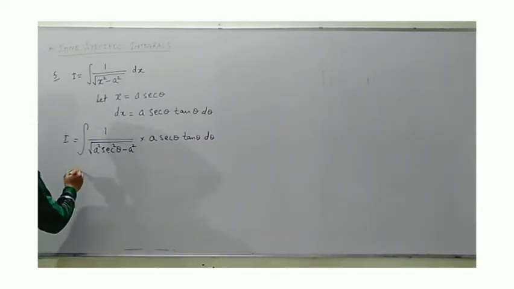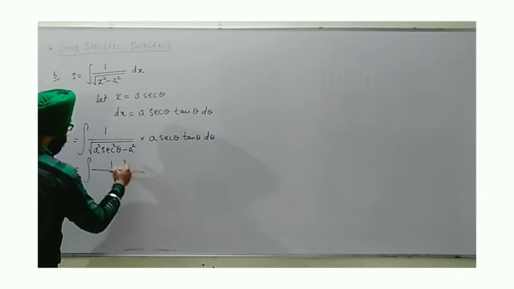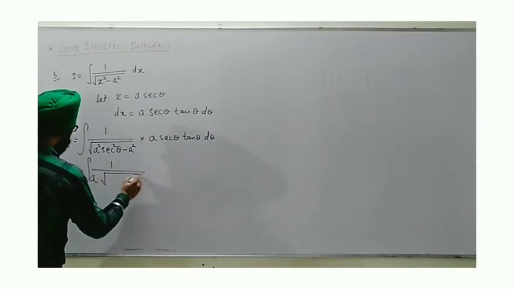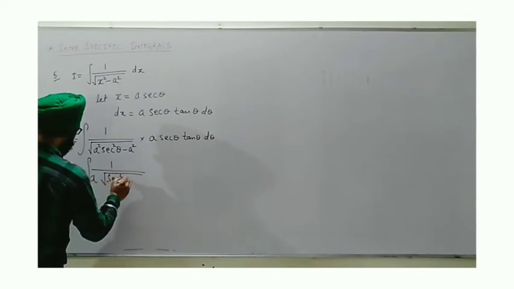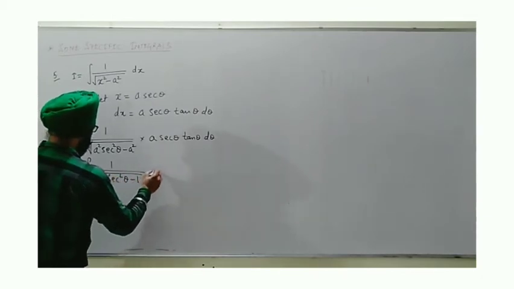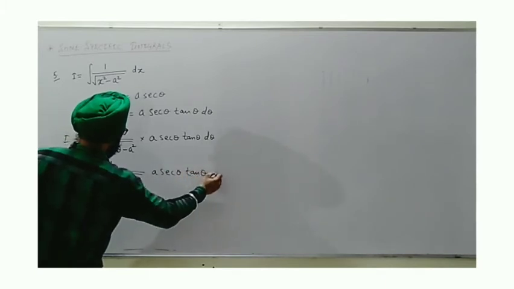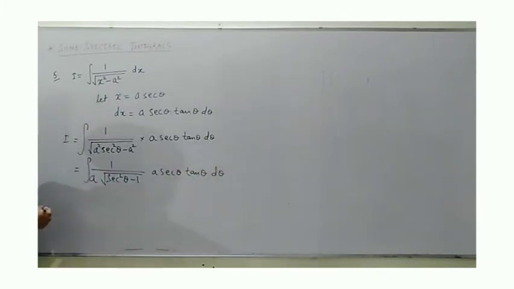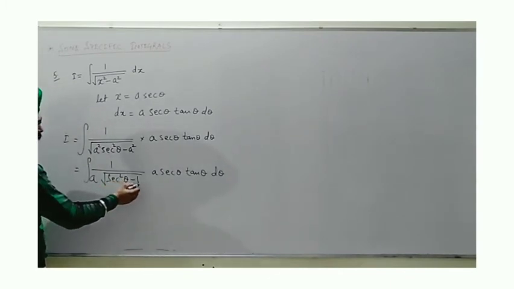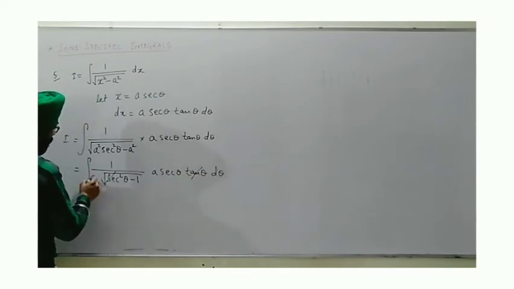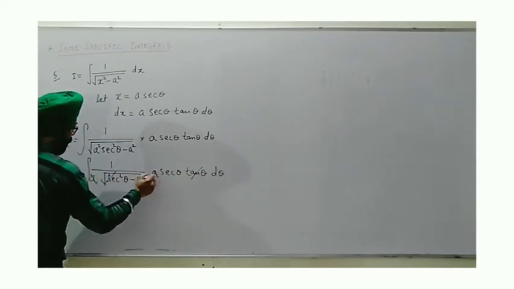Now solving, we have the integration of 1 upon, obviously with a square root common, a under root sec square theta minus 1, into a sec theta tan theta d theta. Now by the Pythagorean identity, we know that under root sec square theta minus 1 and tan theta are equal, cancelled out, and a to a cancelled out.